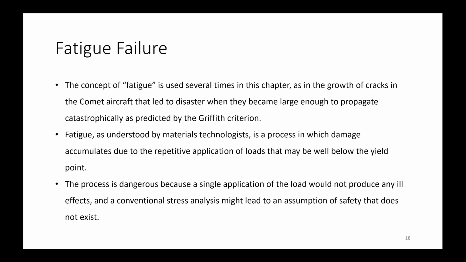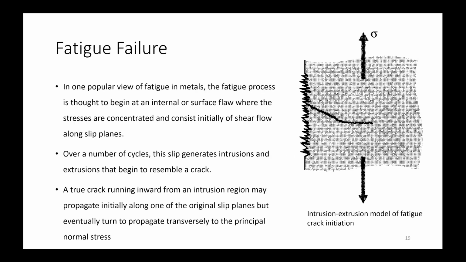So fatigue, as understood by materials technologists, is a process in which damage accumulates due to the repetitive application of loads that may be well below the yield point. The process is dangerous because a single application of load would not produce any ill effects, and the conventional stress analysis might lead to assumptions of safety that do not exist under cyclic stressing.